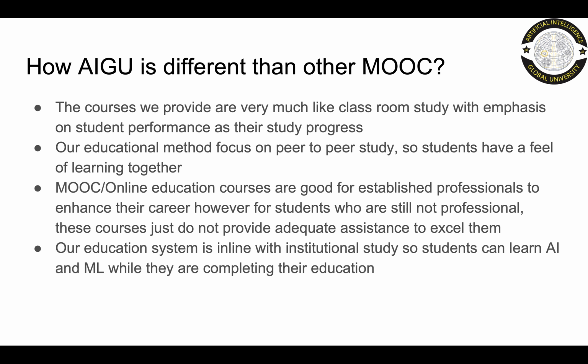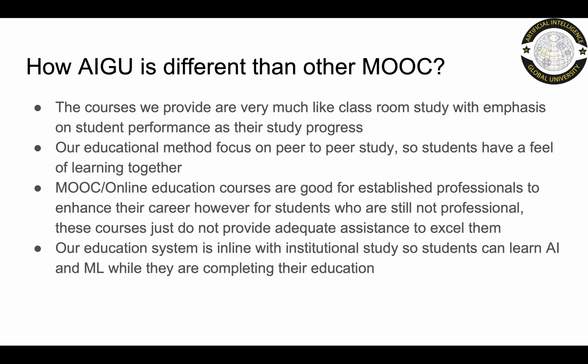We have built our course curriculum and delivery method in a way that students who are in a developing country can learn at their own pace, can learn in the medium, understand it very well and take advantage of these courses while they are in their course curriculum, while they are doing their graduation, their bachelor's or their master's, and they do not need to learn extra about AI and machine learning after their courses.